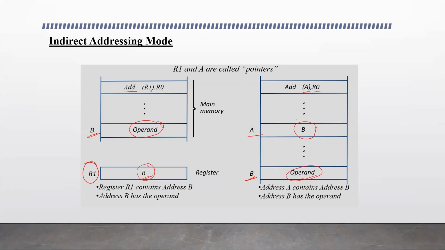So as the effective address is found in memory, we call it memory indirect addressing mode. In memory indirect addressing mode, we find the effective address in memory, in the given location. And in register indirect addressing mode, we find the effective address in the given register.